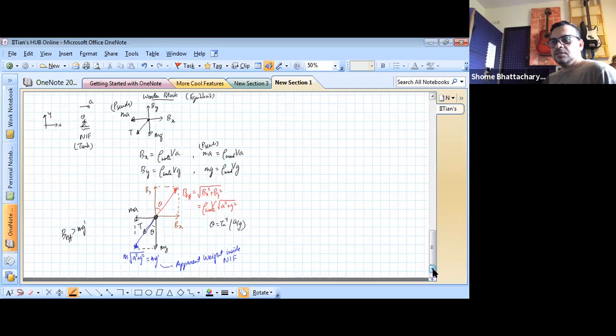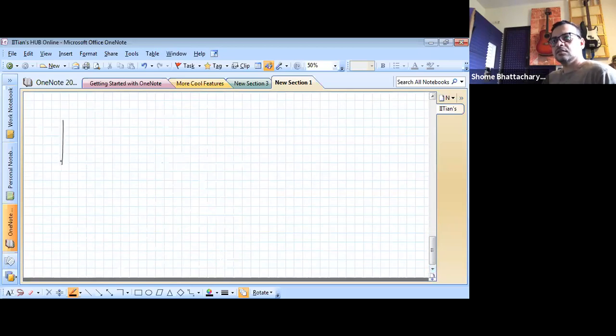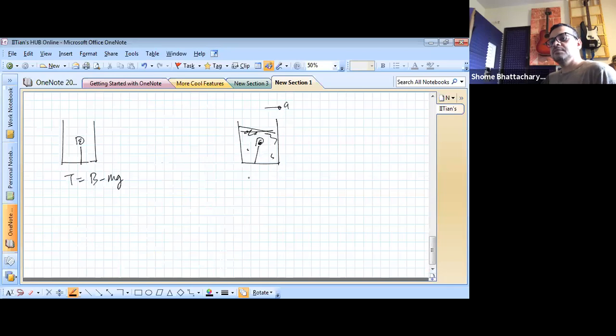So you realize that when the tank is at rest, at that point of time, tension is equal to buoyant force minus mg. Whereas when the tank is accelerated like this, that time tension becomes effective buoyant force minus apparent weight, like this.